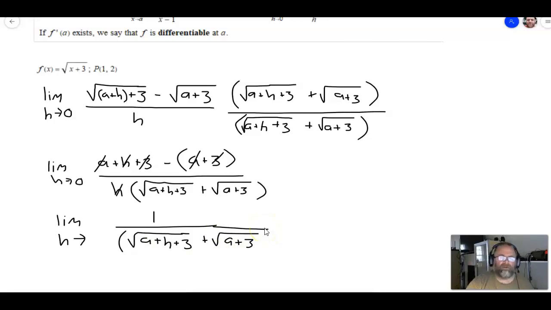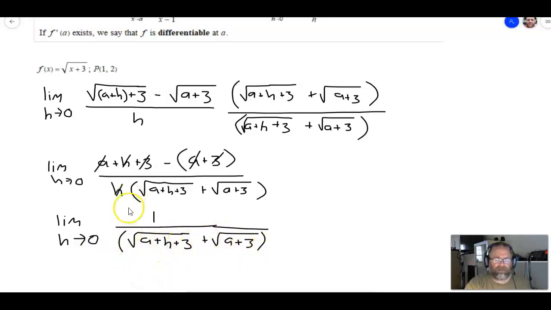Now, I want you to notice one thing, because I don't think I really explained this yet, but in the prior example, I went ahead and put the value in for a in here. This time I'm just leaving it as an a. And if I just leave it as an a, then that's going to end up giving me the definition for the derivative for any value of a that I have.